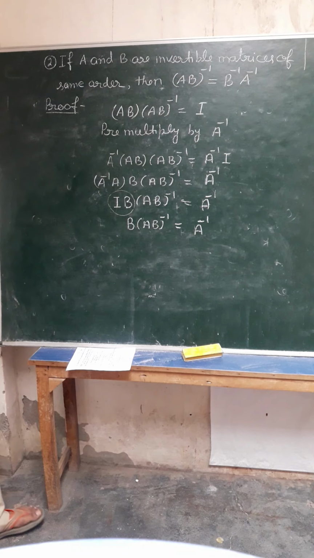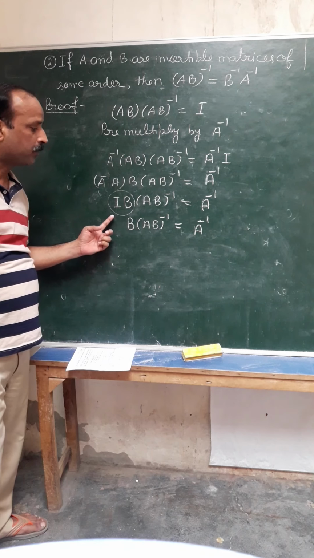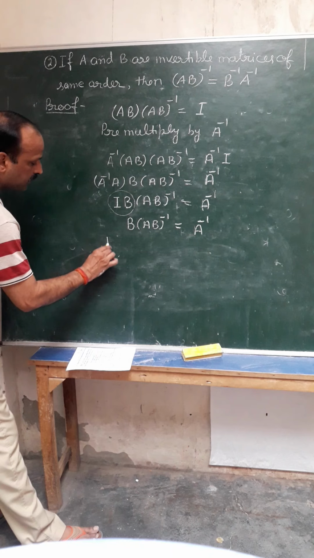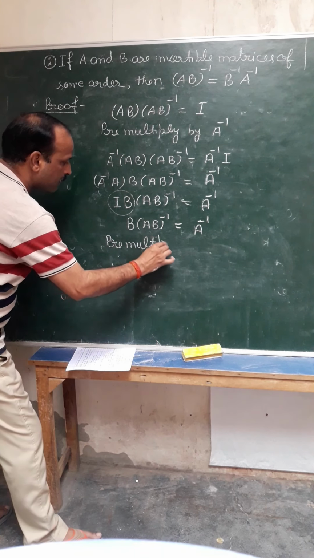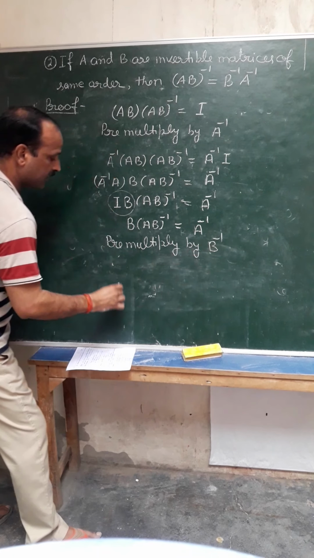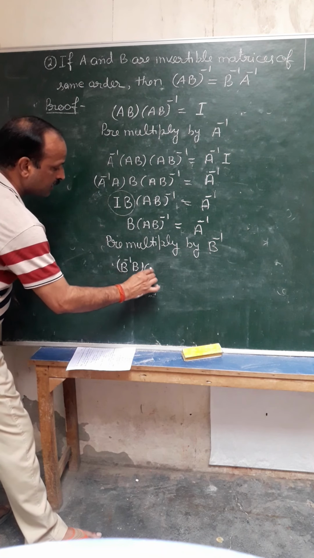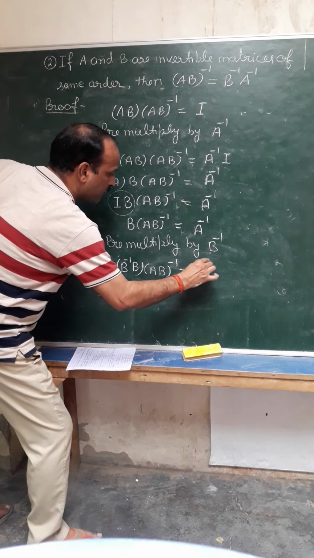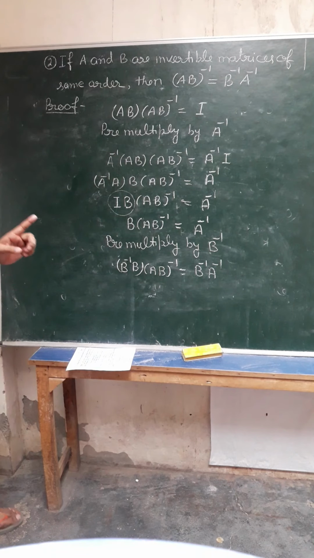Now again I am going to multiply this matrix equation by B inverse, and we will do it as pre-multiplication. So again write, pre-multiply by B inverse. So B inverse B into (AB) inverse is equal to B inverse A inverse. Do not break the order.